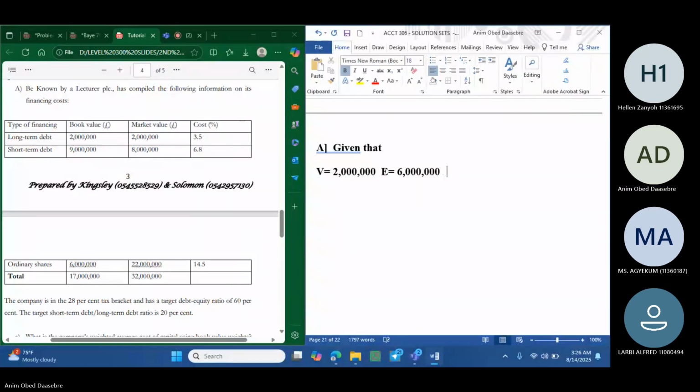Short-term debts is also 9 million. Long-term debts.